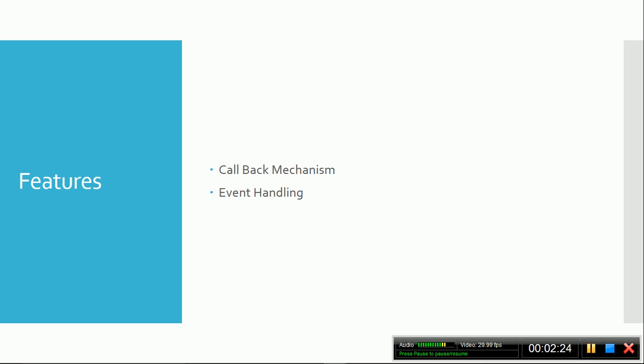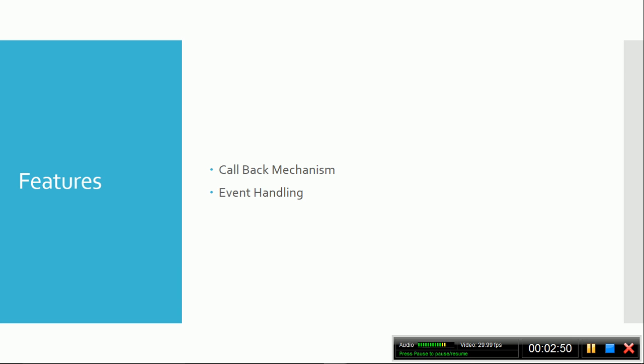When we call one function, it can be any library function or any function on another class, and that function in turn calls our function, that mechanism is known as the callback mechanism. Delegates are highly useful for this callback mechanism. If you can't understand this callback mechanism yet, don't worry, within a short time we will explore it very deeply.